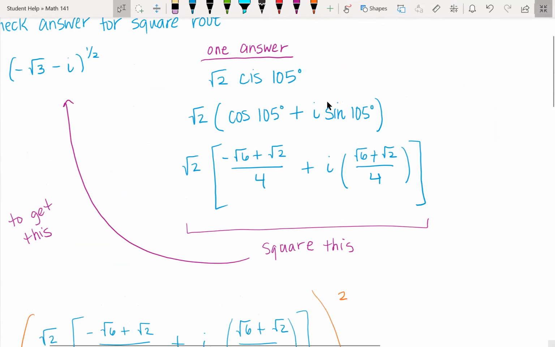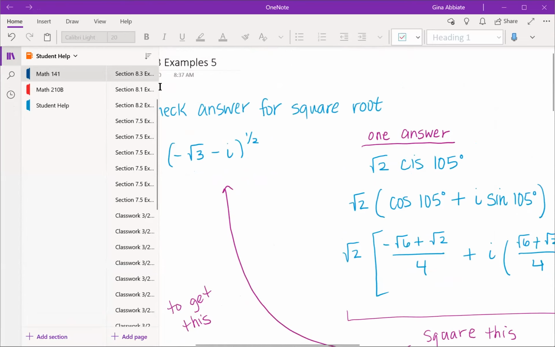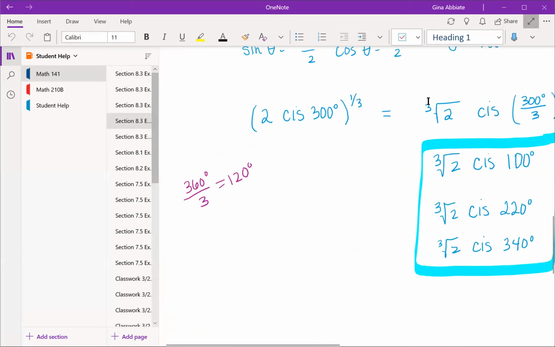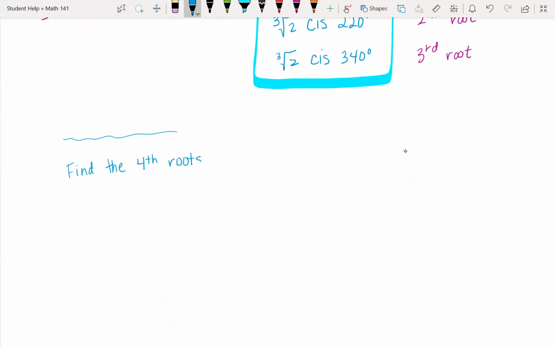All right, let's go back and do one more example. In this example, we will find 4th roots. So let's see, I'm going to go back up here. And let's find the 4th roots of i.